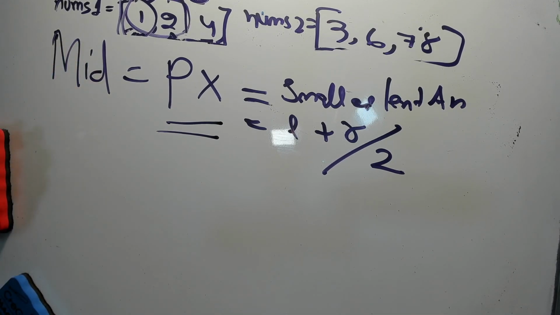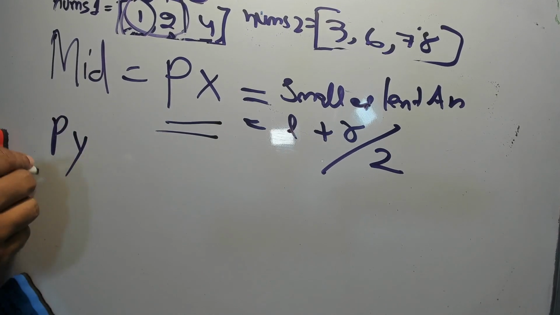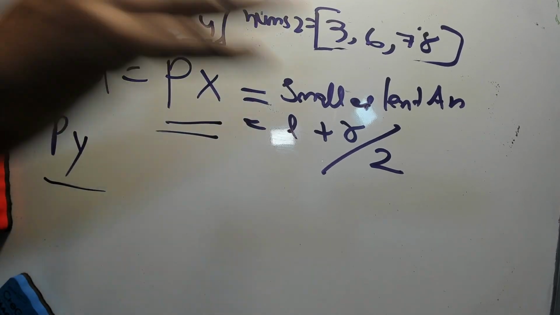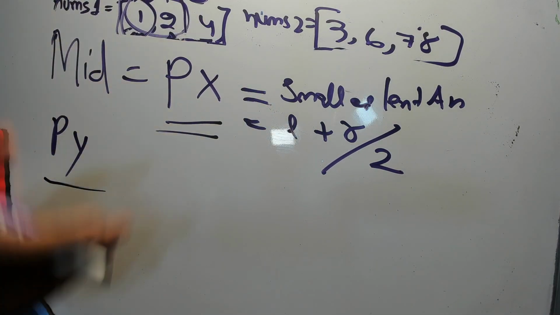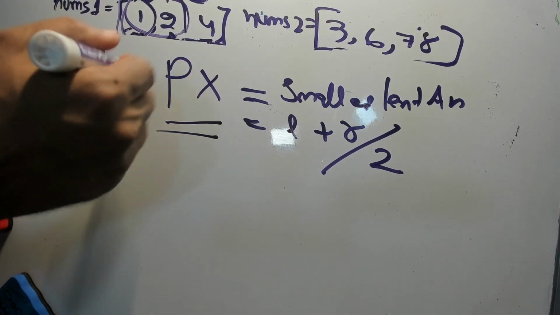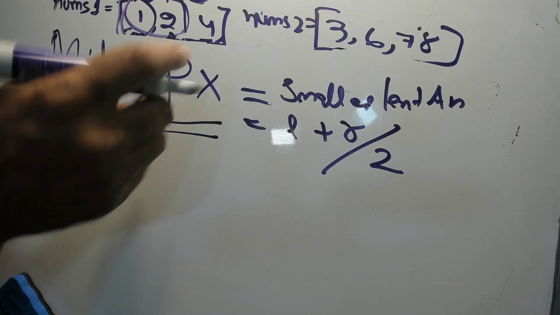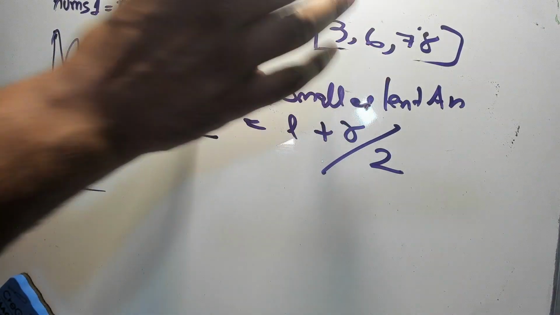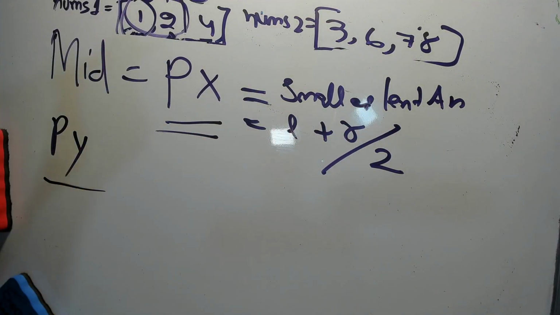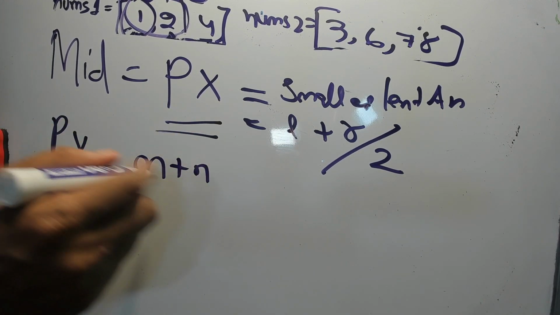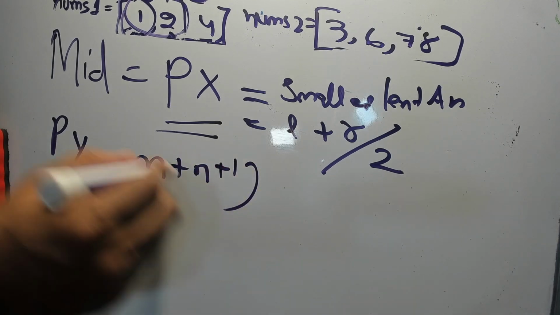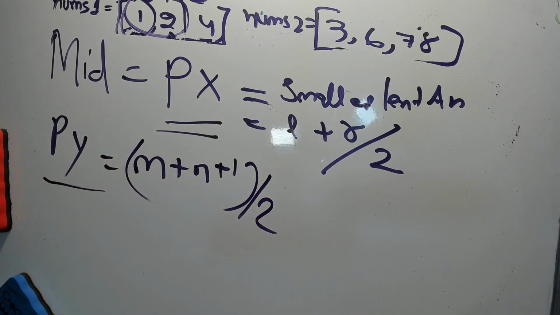Actually, this is mid. Then py will be the mid of both the arrays, minus px, because we're going to consider how many items we are picking up from nums2. So basically we are saying, if it's sorted, what will be the position of the median? This is m plus n plus 1 divided by 2. That's it.